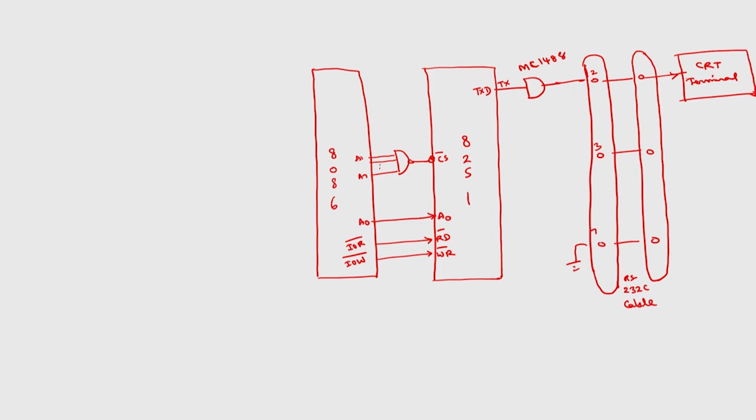Now, I want to display on this CRT display, in the first line, starting from here, the word hello, and I want to return to the starting of the next line.